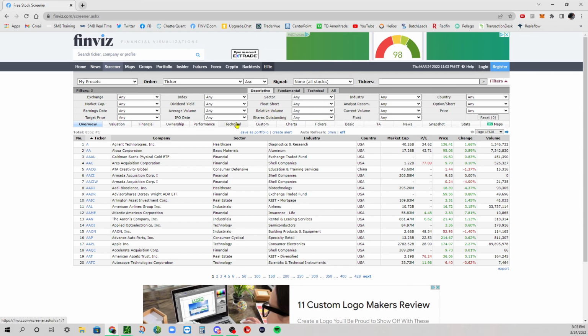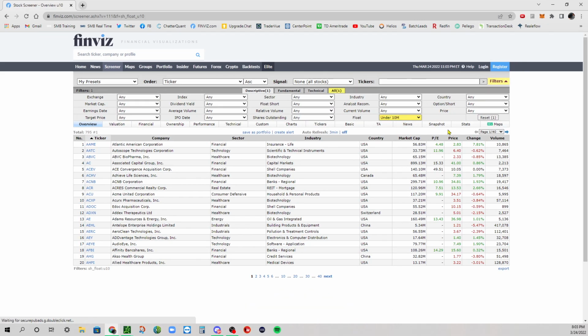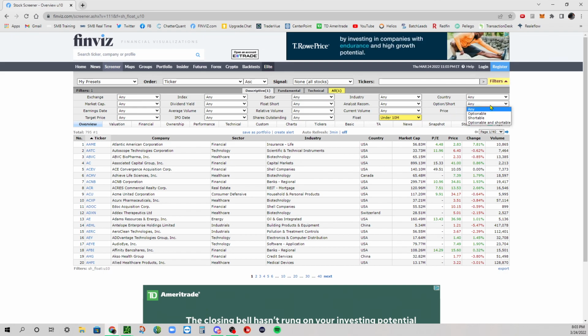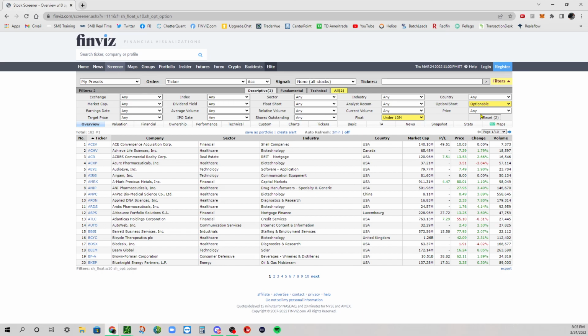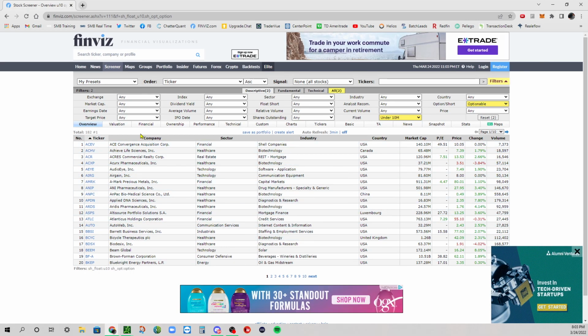Float, short, shares outstanding, float right here. Let's say you want to find under 10 million. Okay, under 10 million. And if you want to trade something that has options, you can go here and choose optionable. And then also you can choose a sector.